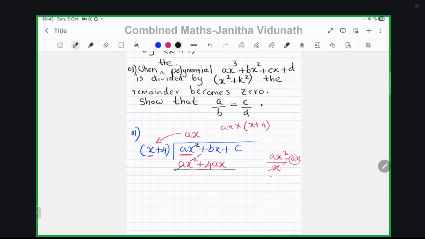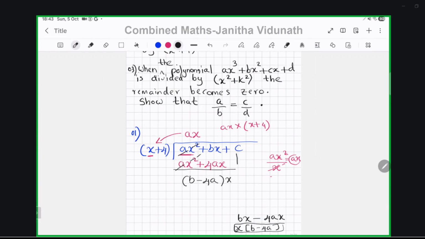The ax² will cancel out, and what remains is bx − 4ax. Then we can factor out x, and what remains is b − 4a. Very simple.